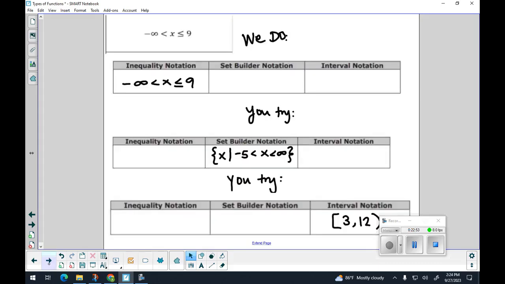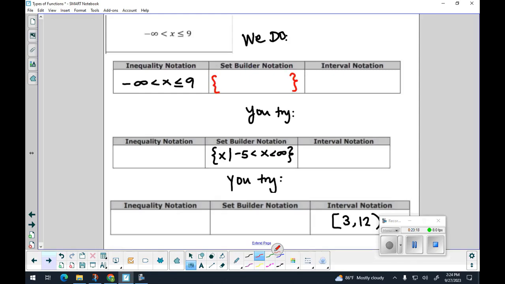So now we can try the different examples. We're going to do the first one together. It is already given to me in inequality notation, and they want it in set builder notation as well as interval notation. So if we start off with the set builder notation, that's the squiggly lines. Remember, we read it as all values of x such that blah, blah, blah. So we're going to write the squigglies first.